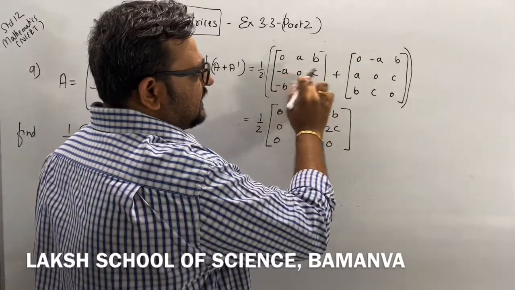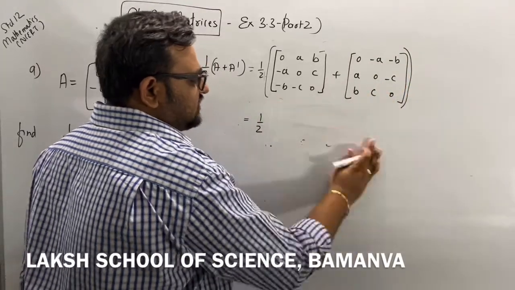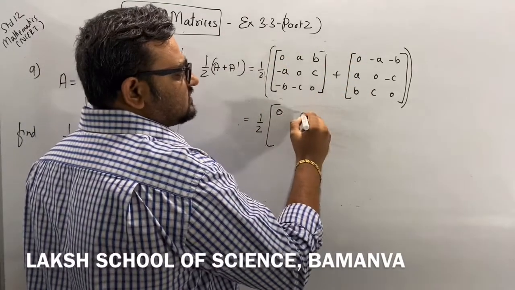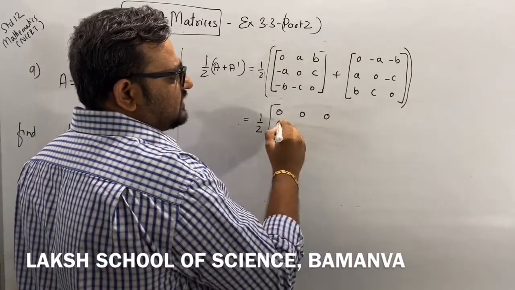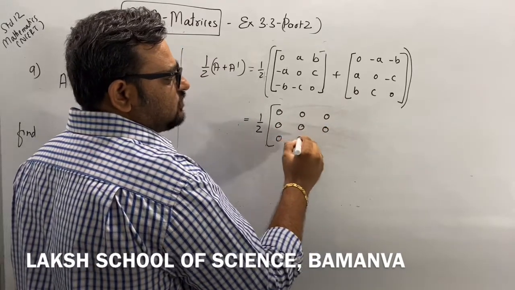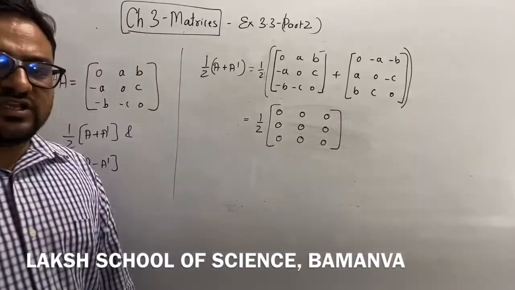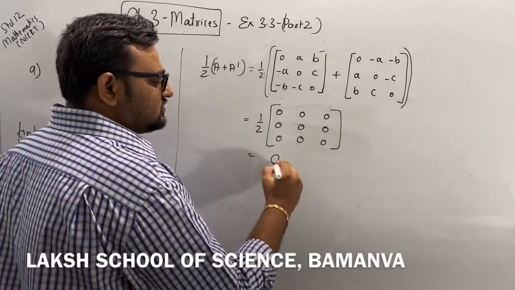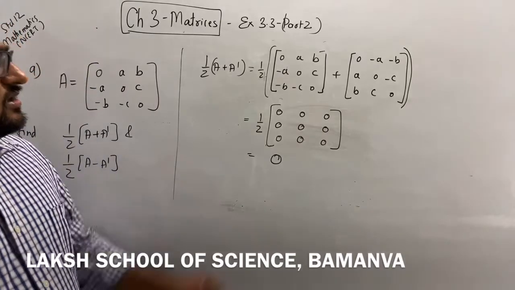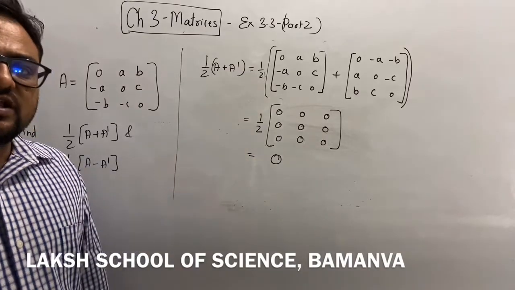It's minus B minus C 0. So I need to change it once again. Okay, 0 plus 0, 0, A minus A, 0, B minus B, 0, minus A plus A, 0, C minus C, 0, minus B plus B, 0, minus C plus C, 0, and 0 plus 0, 0. So this is a zero matrix. Okay, clear? So half into A plus A transpose in this case is zero matrix.